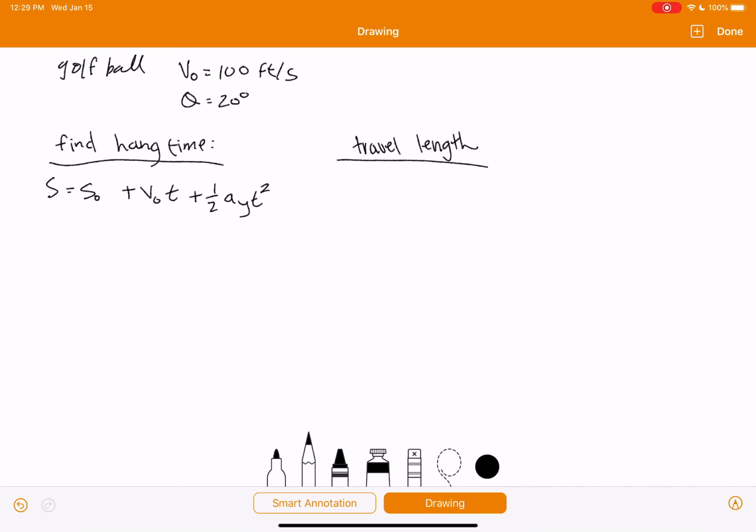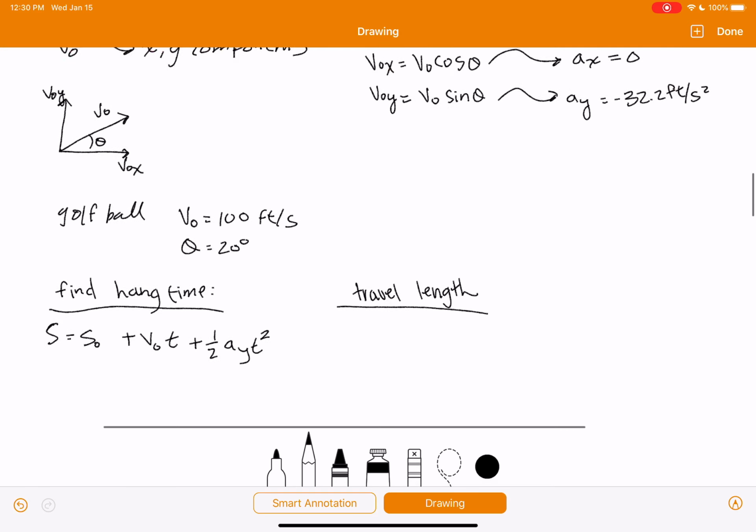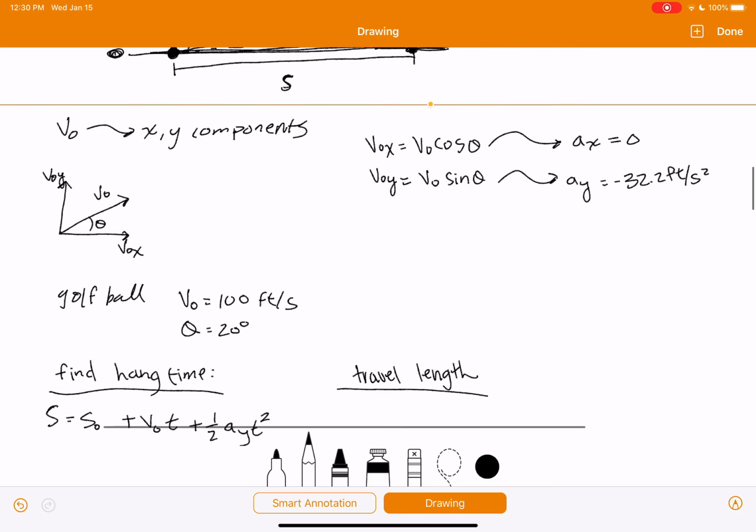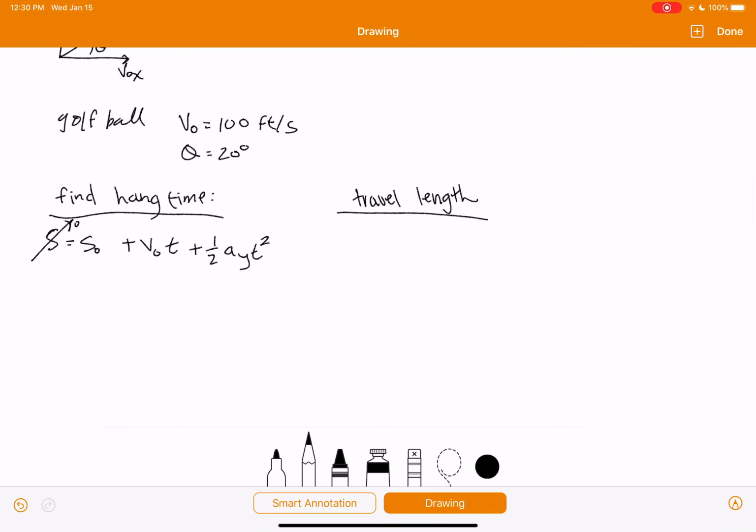All right, so first thing, s final in the y direction. So we declared this 0. s in the y direction would be going up this way. So s initial is 0, s final is 0. So both of these will actually go to 0 in the y direction.